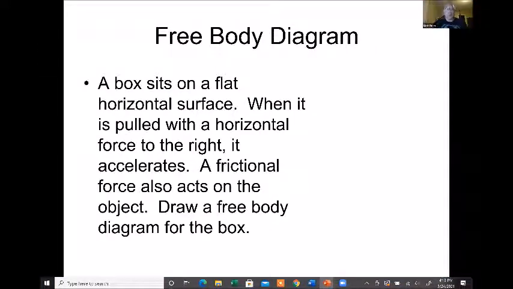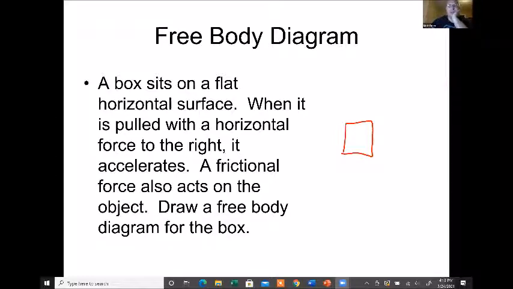So we have a box on a horizontal surface. It's pulled with a horizontal force to the right. It accelerates. A frictional force acts on the object. Draw a free body diagram for the box. So let's think of our box like so, sitting on a horizontal surface.